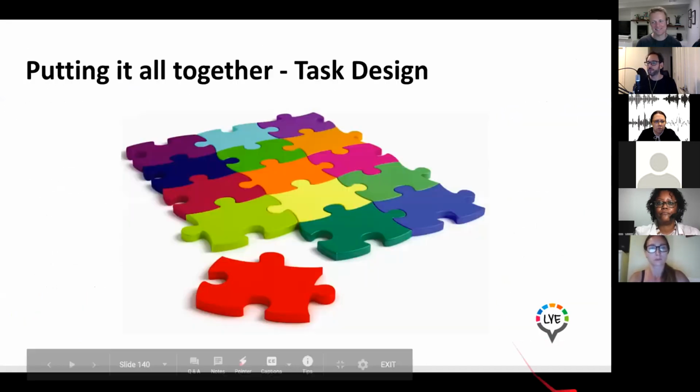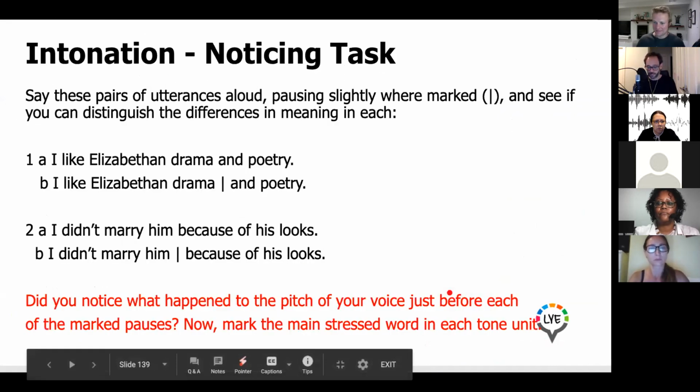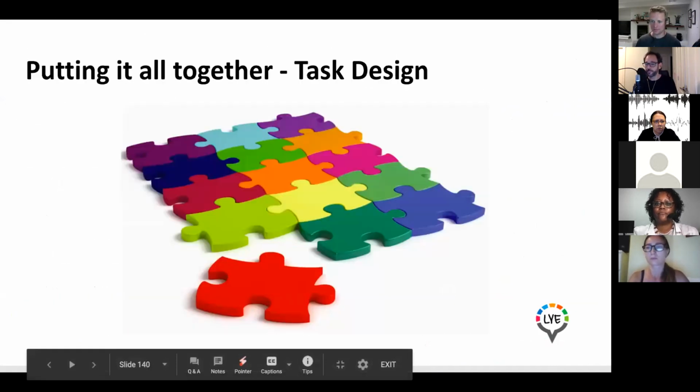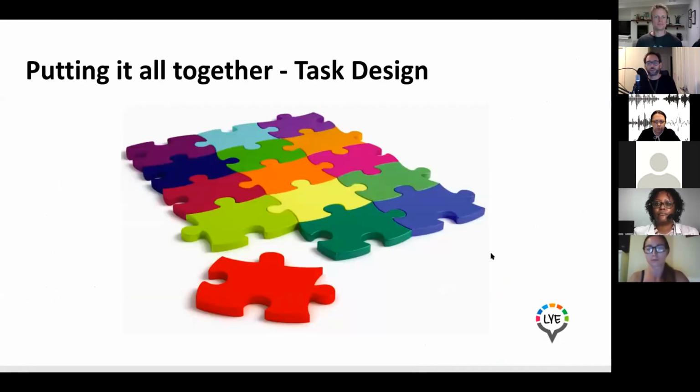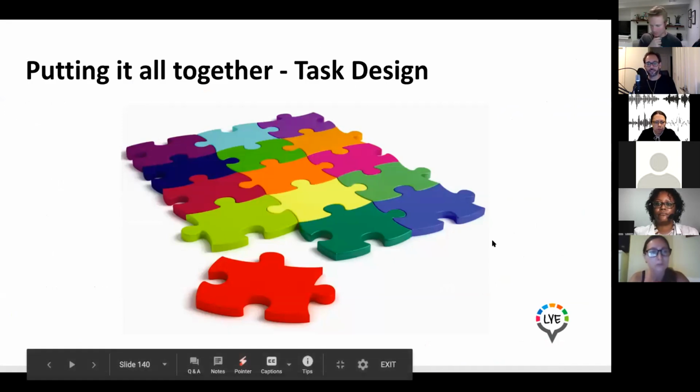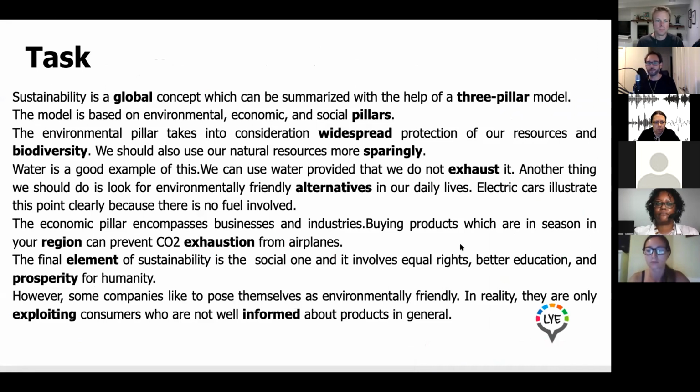So now we're going to put this all together. I'm going to show you a task, and let's think about how you would approach this using Soundscripting.